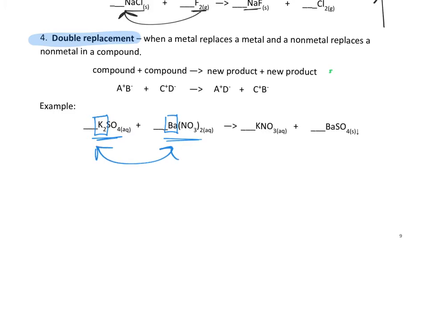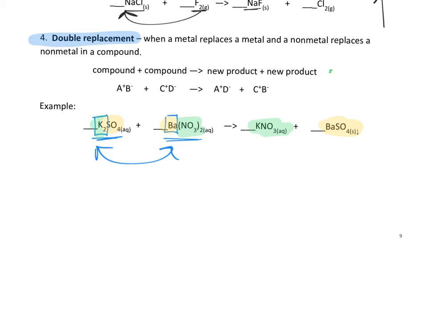So potassium is going to end up with nitrate, which is right here, and sulfate is going to get with barium to make barium sulfate over there, which is pretty crazy in relationship terms. That's two couples, swapping partners.